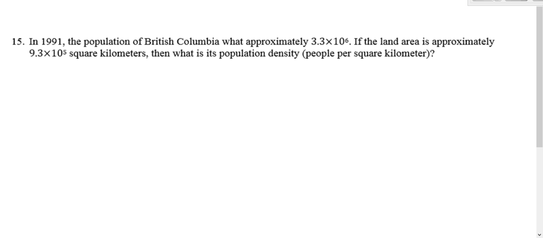In 1991, the population of British Columbia was 3.3 times 10 to the 6. And there's land area. What's the population density? Population density is population divided by area.